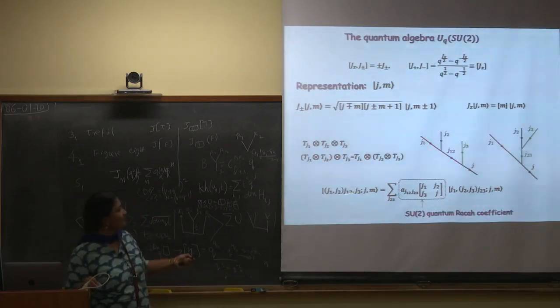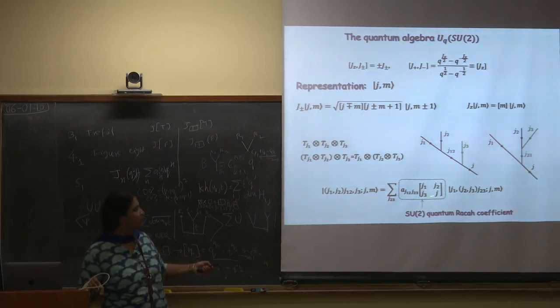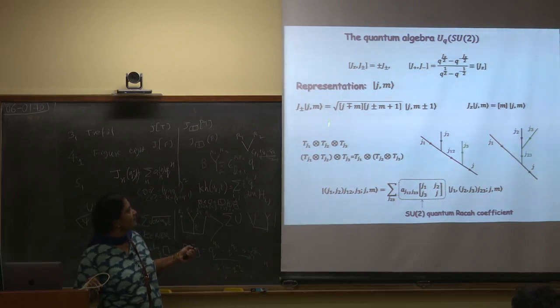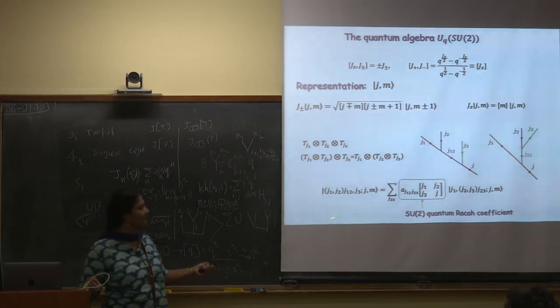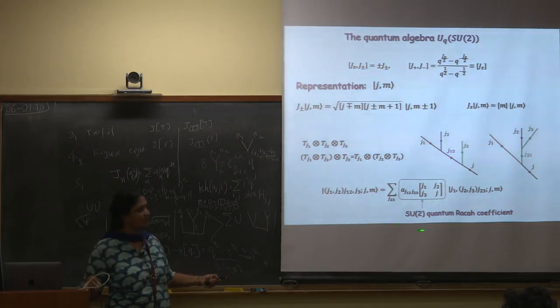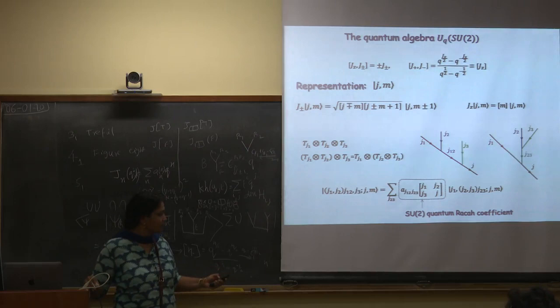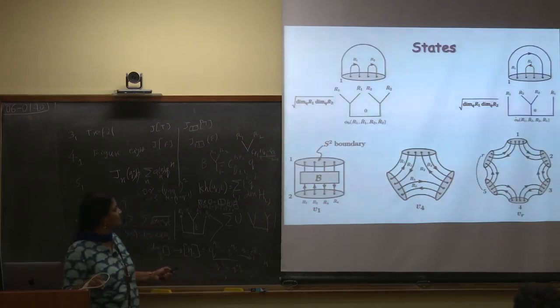Okay, so this is what I was just trying to say, that what I showed there are nothing but two different ways of combining three angular momenta, and these two bases are equivalent bases and they are related by a matrix, and that matrix is what is called a quantum Racah coefficient matrix.